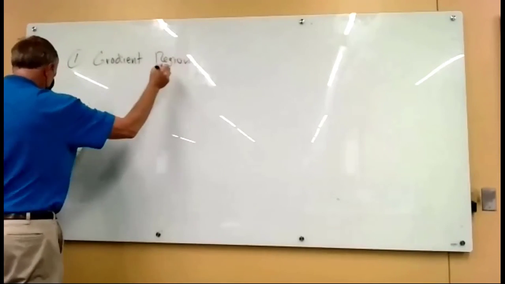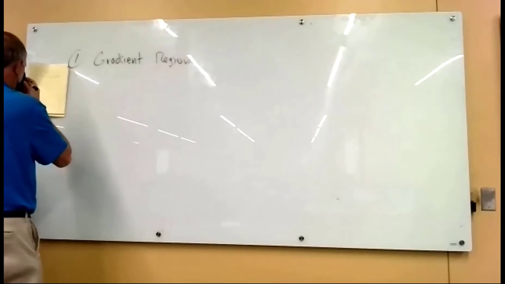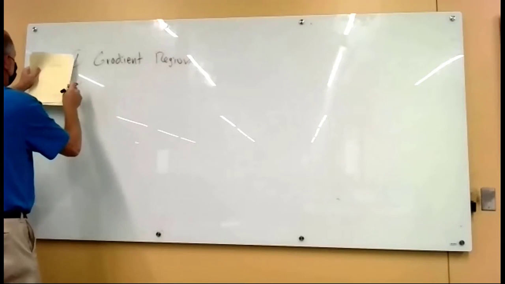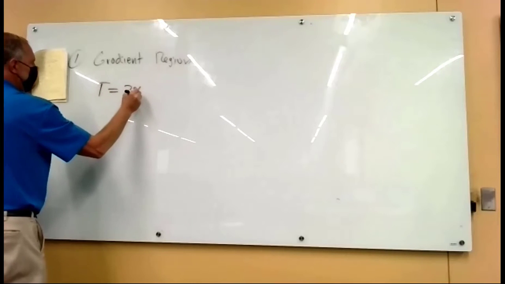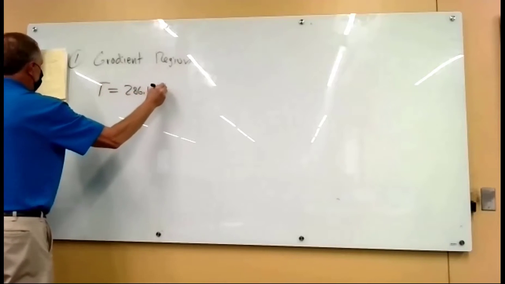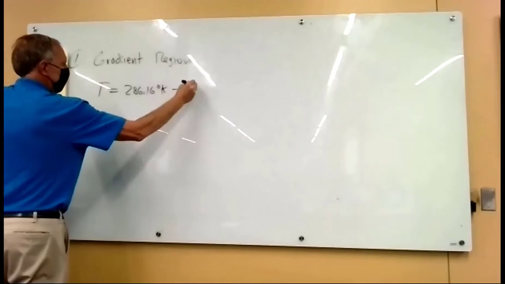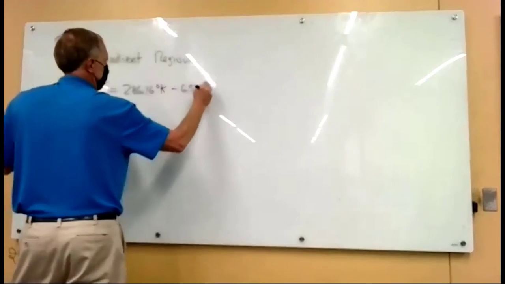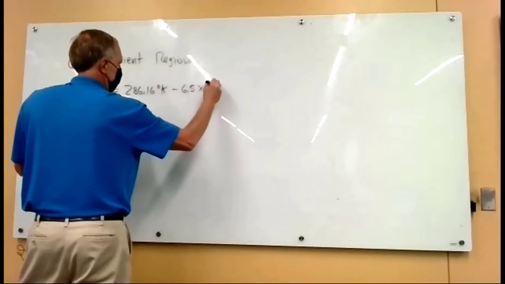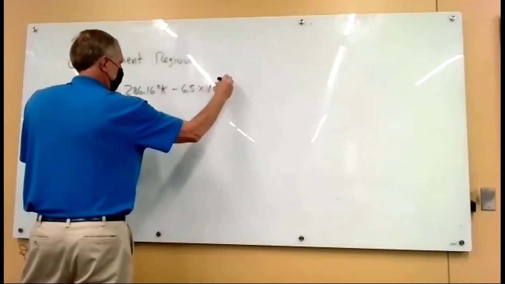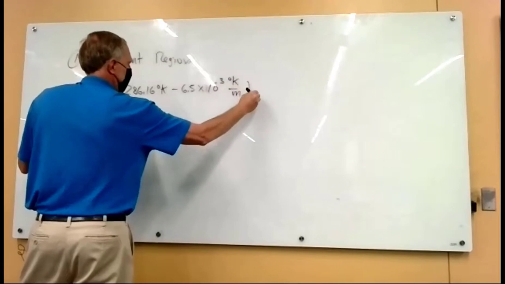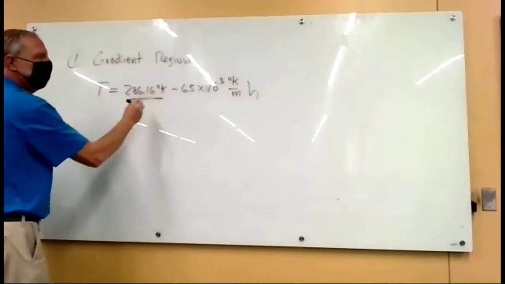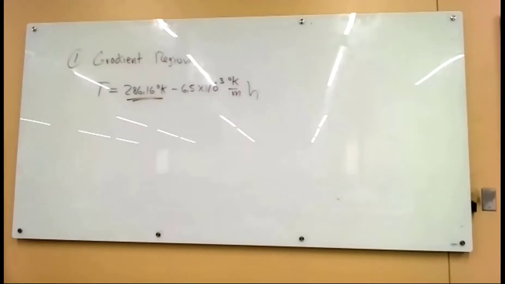So the gradient region, like the troposphere, the formula for the temperature is that slope times the altitude, and then this is just that starting temperature at sea level when H is 0.